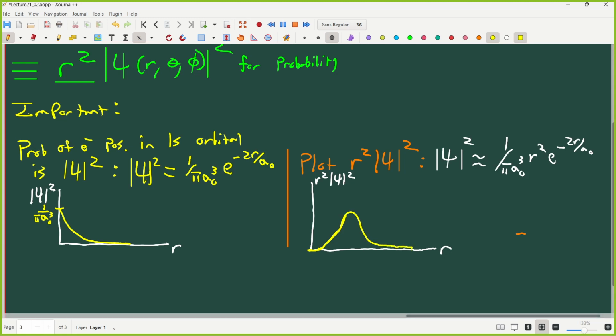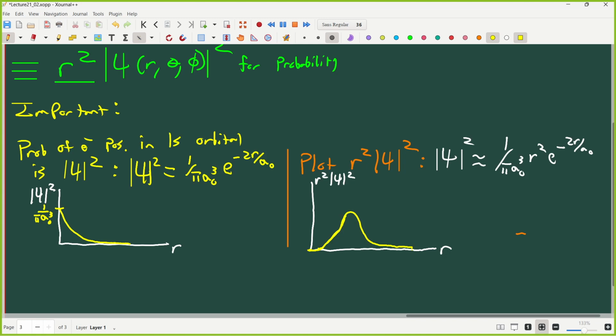So by including this r squared factor, which again comes from the fact that we're averaging over a sphere, we get something that's much more physical. The probability of this 1s electron is somewhere away from the proton, as it should be.